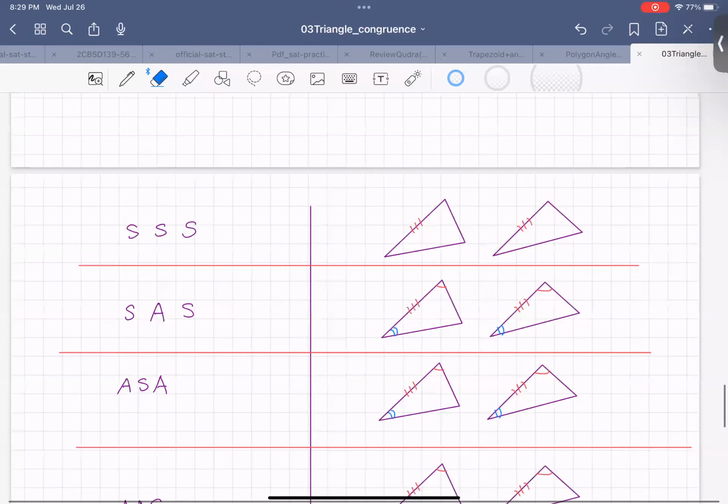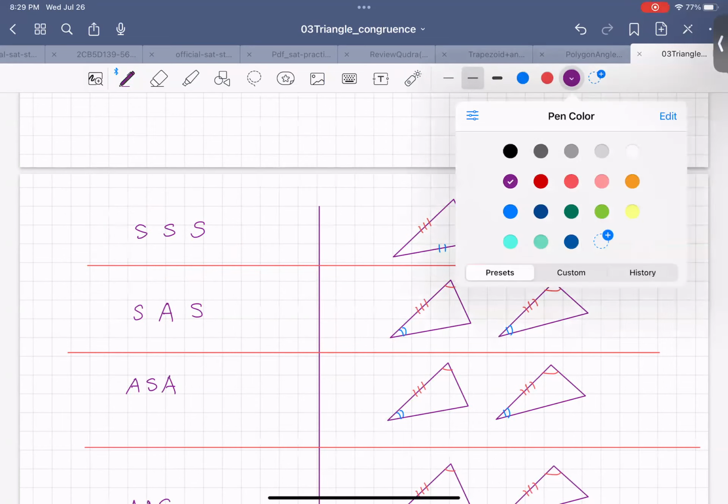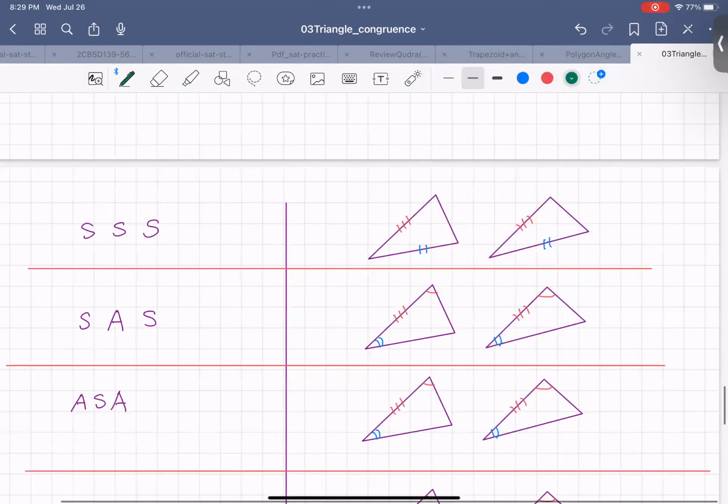Look here. If I say SSS, it makes sure you have 3 corresponding sides equal. This is the meaning of SSS.